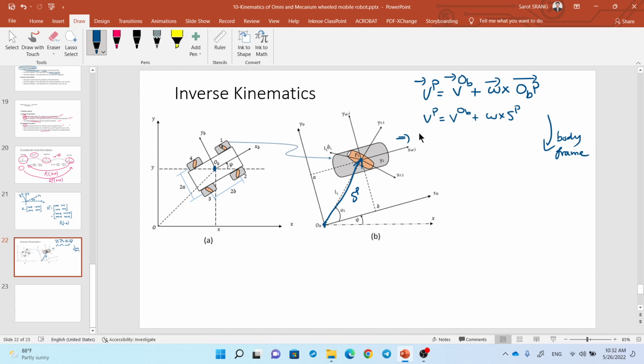How can I, what can I do to transform into the body frame? Adrian? Now I have this relationship in the global frame, but I want to transform into the body frame. Yeah, rotation with what angle?